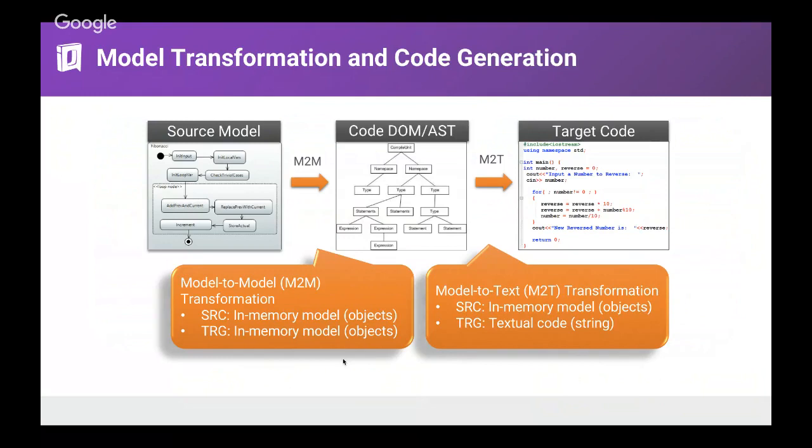But in many cases, we actually use model transformations for other purposes, like code generation, where the final output of the processing is actually some text or a segment of text serialized in source files, for instance. So this is basically a use case that VIATRA is also very useful for.